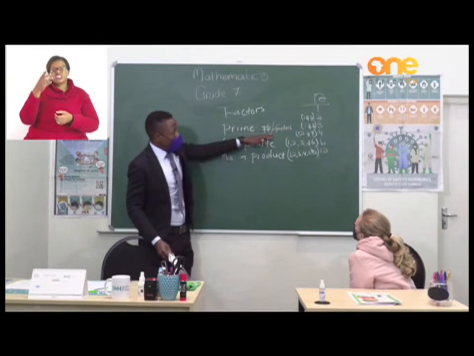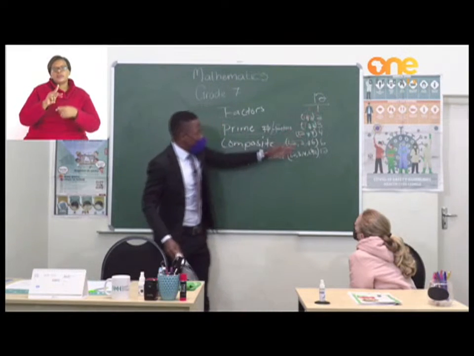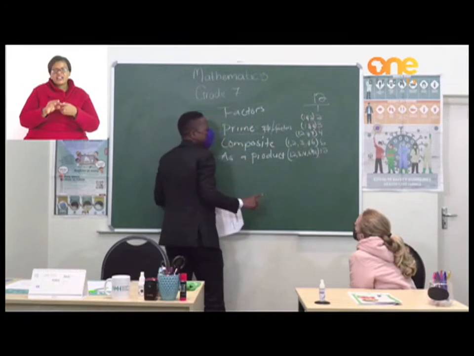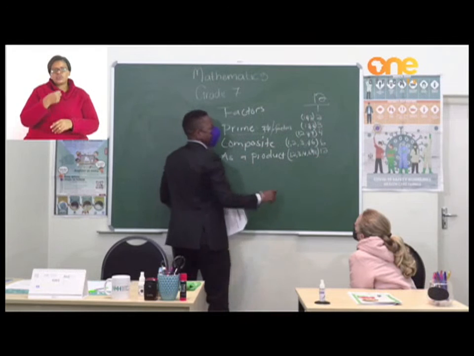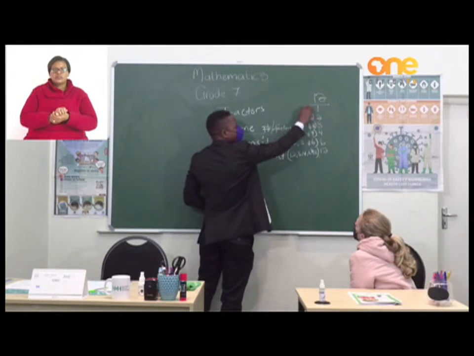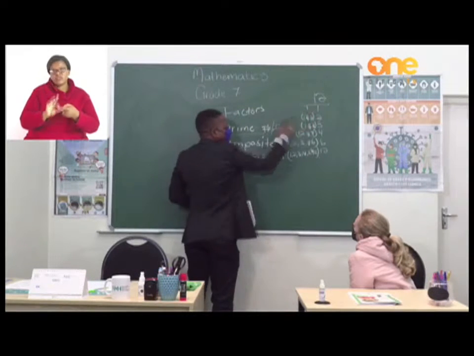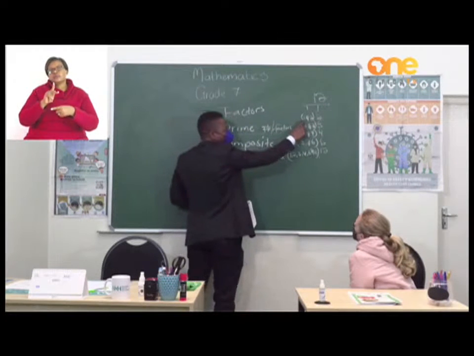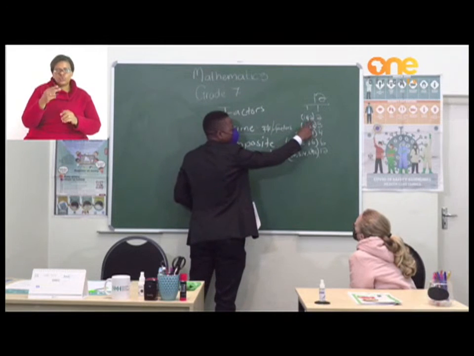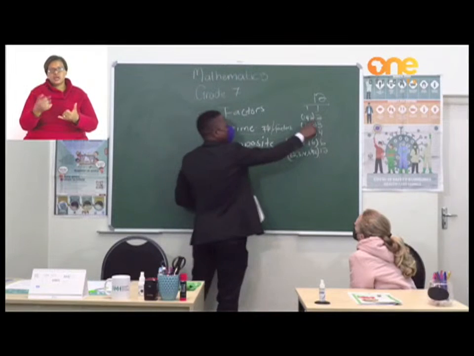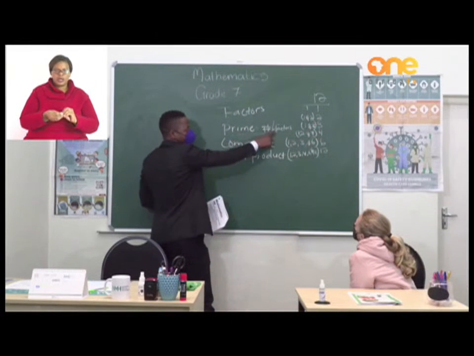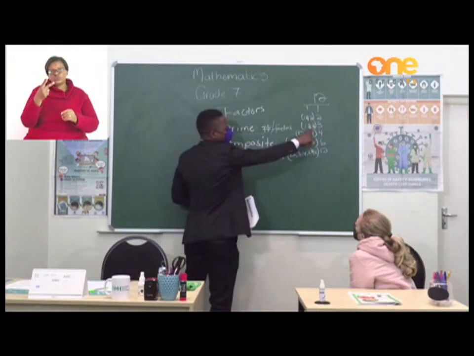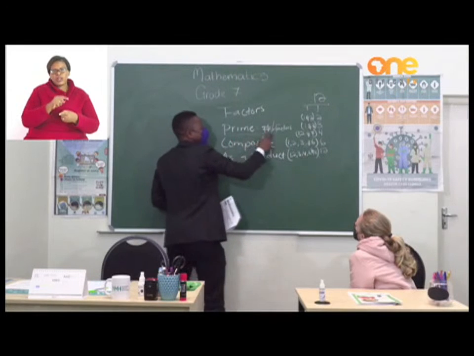A prime number, in this case a prime factor, is any factor listed here which has only two factors. 1 has only one factor, so 1 is not a prime factor. 2 has two factors, 1 and 2, so 2 is a prime factor of 12.